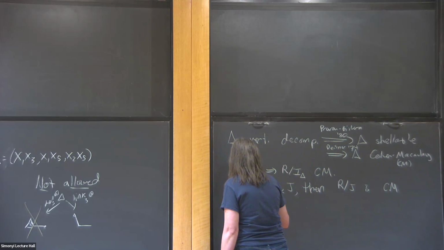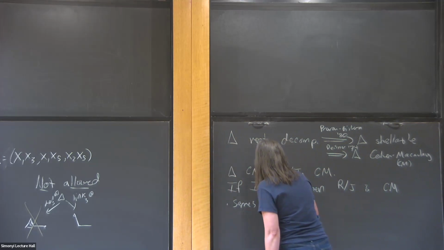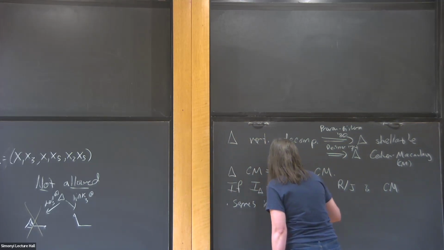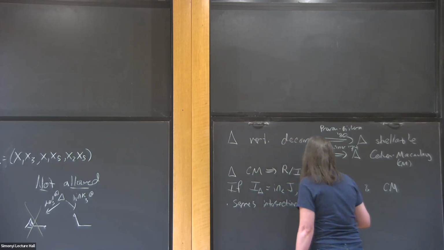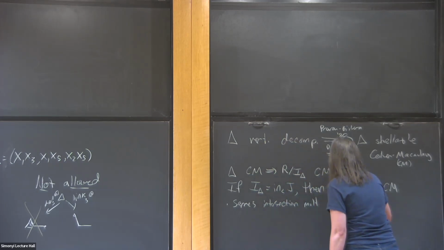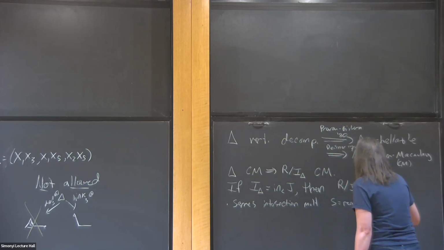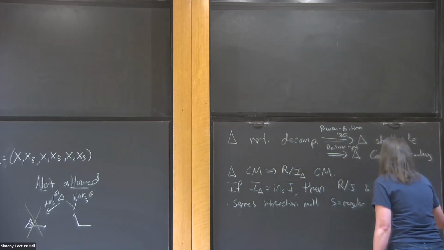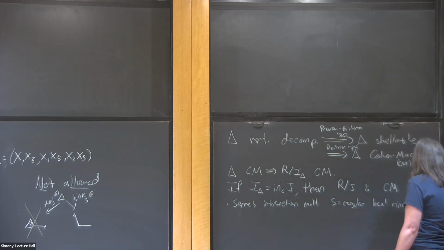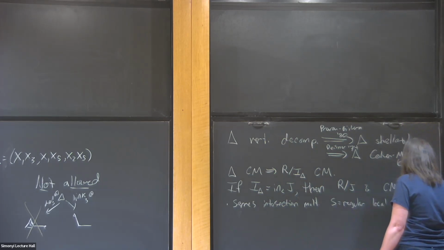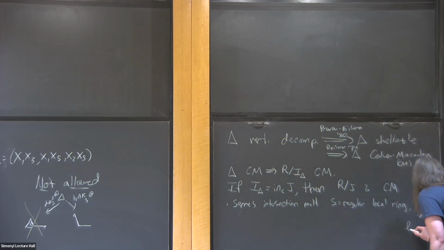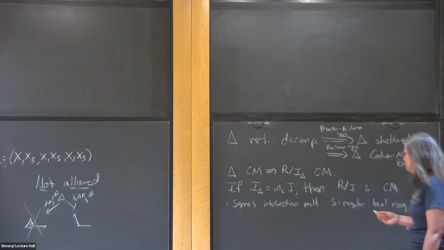One context in which I want to think about it is intersection theory. So, Serre's intersection multiplicity. S is going to be any regular local ring. P and Q are prime ideals. And the length as an S module of S mod P plus Q is less than infinity.